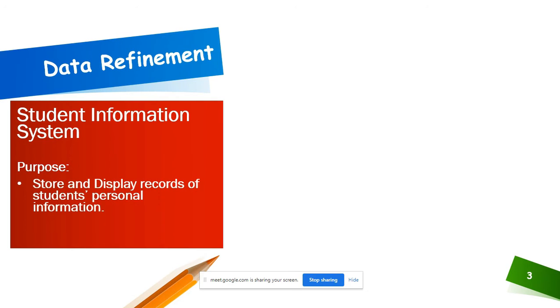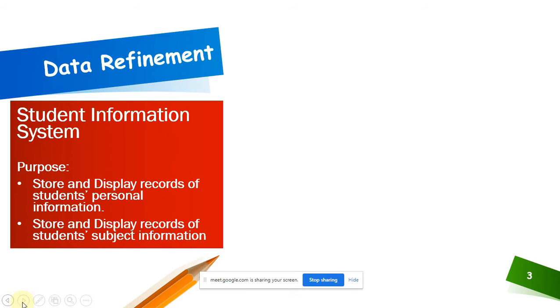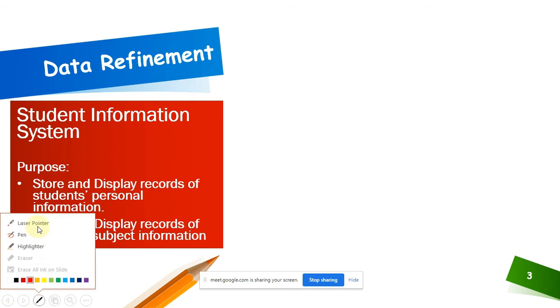So, for the first purpose, for example, ang first purpose natin is we are going to store and display records of students' personal information. Then, second, we're going to store and display records of students' subject information. As you can see on the purpose, it is specified what kind of information we are going to store for our database. So, ganyan po tayo gumawa ng purpose.